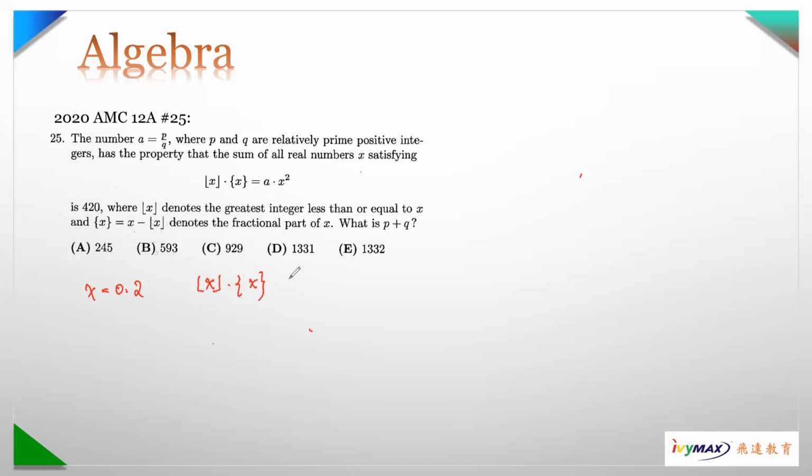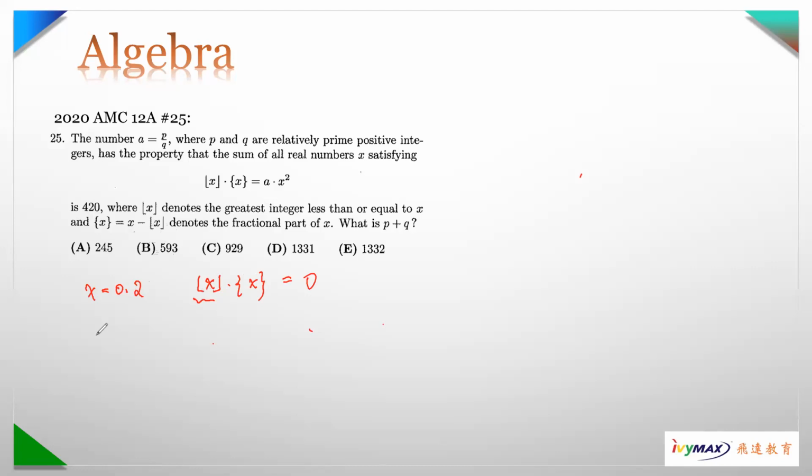So 0 times anything should give you 0, right? So that gives you the result of 0. Actually, all the values between 0 and 1, before 1, the value should be 0, correct? Yeah, because the floor function gives you the result of 0.